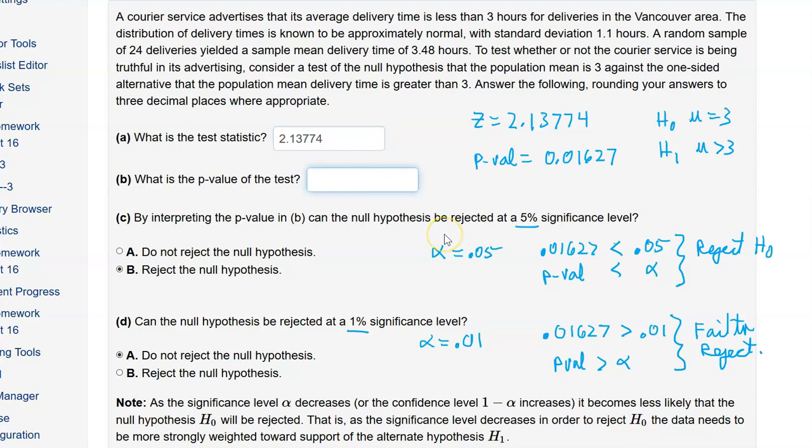Just one note, you can type the test statistic in like this, but also keep in mind that with WebWork you can type your answer in like this, just like we did with Excel, except we don't have the equals in front, and that'll be the exact value. Then you don't have to worry about round-off errors.